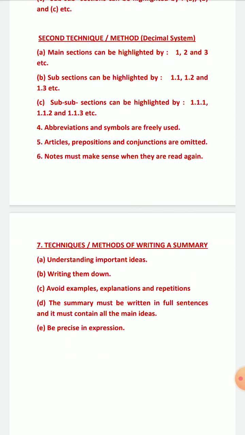Here, the main sections can be highlighted by 1, 2, 3 or 4, etc. Subsections or subpoints can be highlighted by 1.1, 1.2, 1.3, etc. And if you want to break it up more into subsections, then it can be highlighted by 1.1.1, 1.1.2 and 1.1.3, etc.